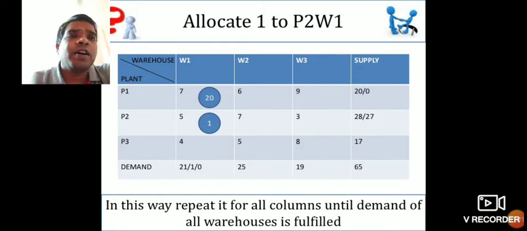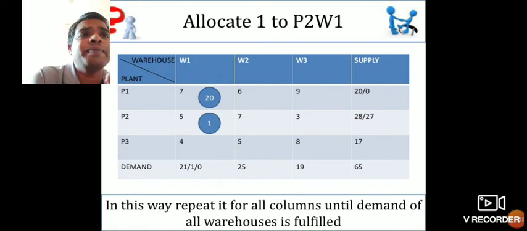Here the upper extreme left cell, that we can call the northwest corner cell, is P2 W1. Now for this cell, see the supply, how much is there, 28, and the demand is left with 1, which we did in the previous step. Now which one is the minimum, 28 or 1? The demand is 1, so 1 is the minimum, and we can allocate 1 to the cell P2 W1.